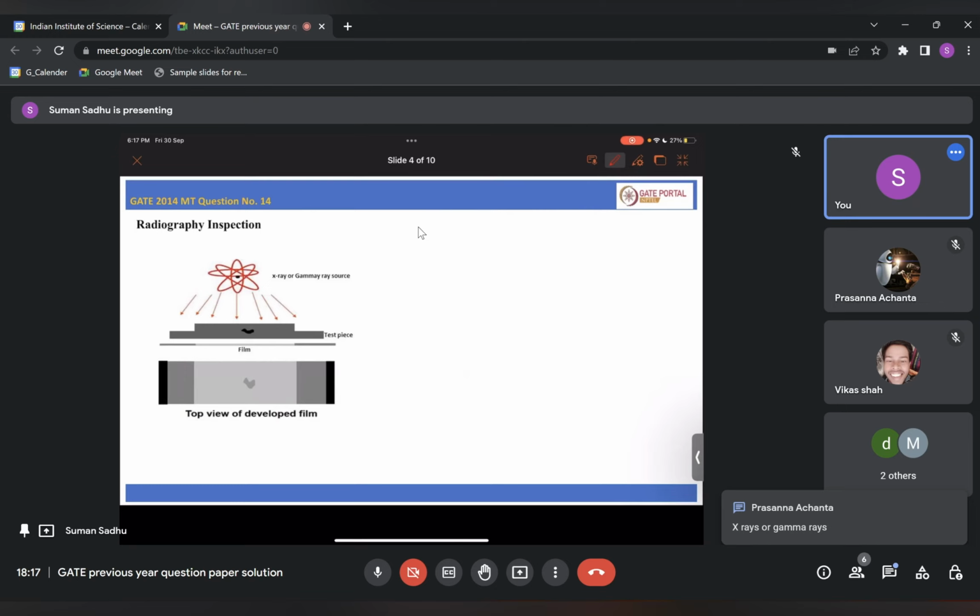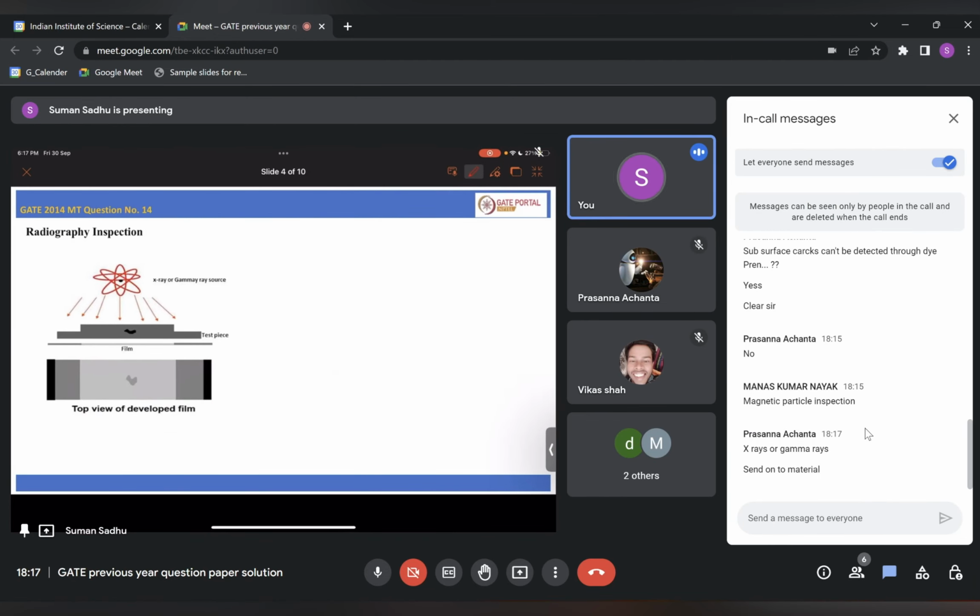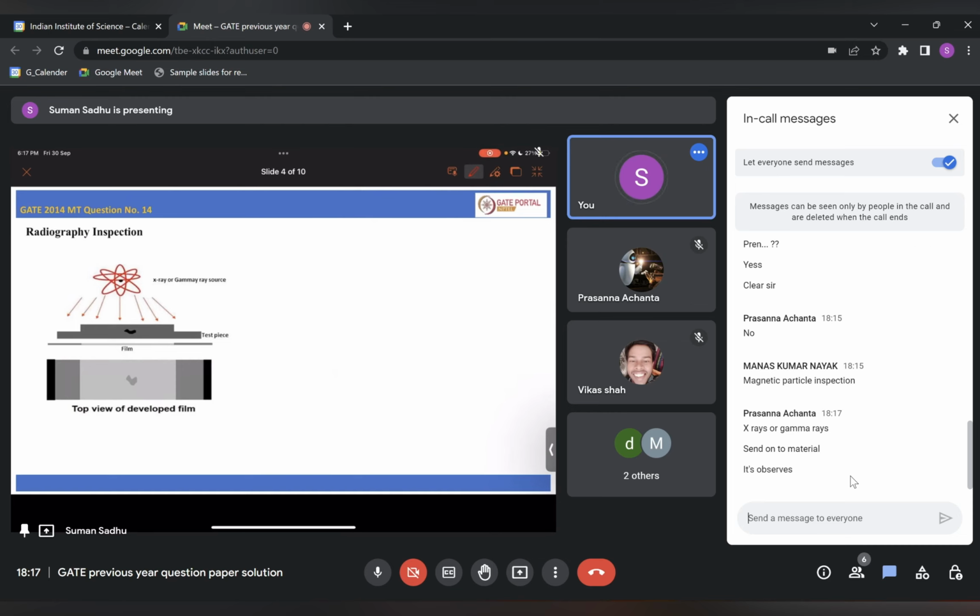Yes, then what is the principle? Yes, we use X-ray or gamma ray and send it onto the material. Then how will you get the contrast? To observe.